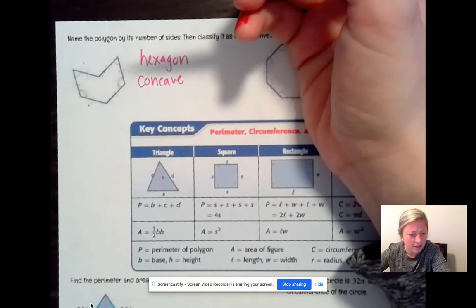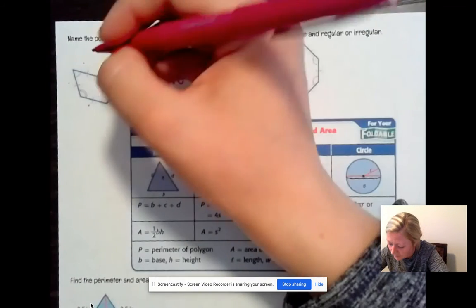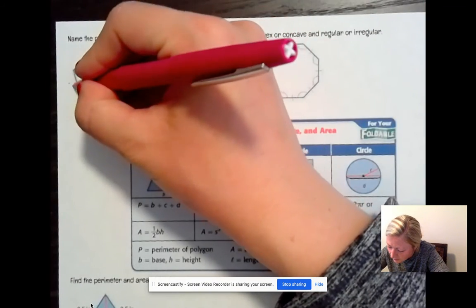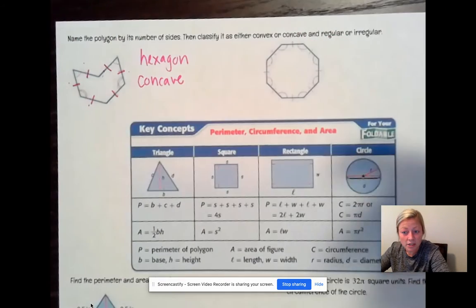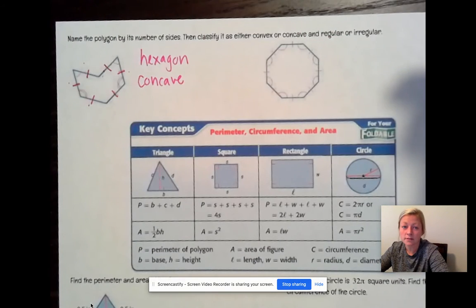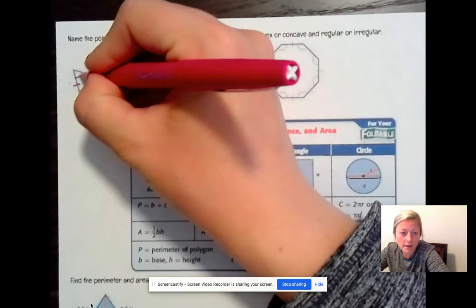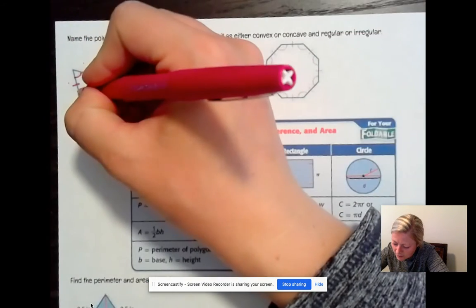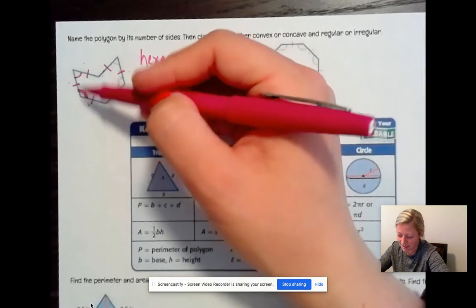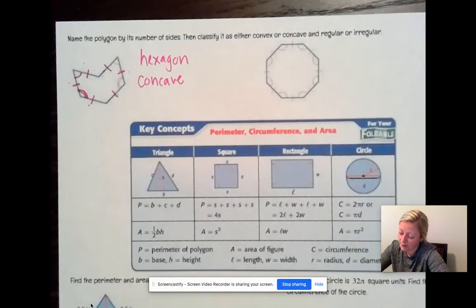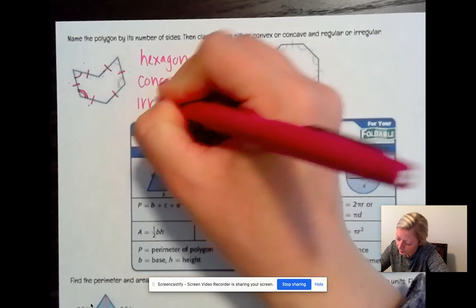I'm sorry that this copy is not very great, but I have one tick mark, tick mark, tick mark, tick mark, tick mark. So my sides check out. Now we have to look at our angles. Do all of our angles have the little arch marks on them? This one has one arch mark. Ooh, but this one has 2, which means those 2 are not the same. So we're already done. I would already know that this would be irregular.